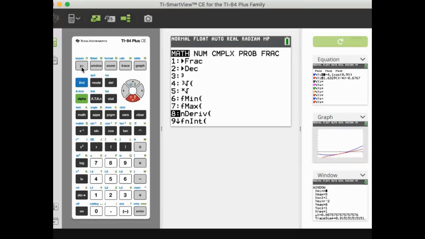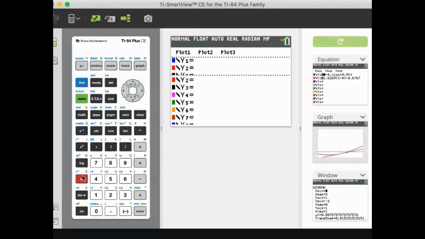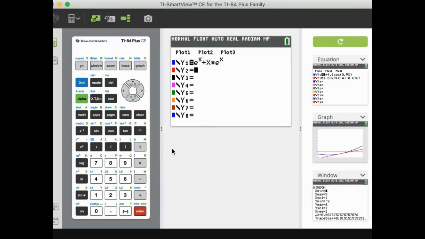Okay. In my y equals, I'm going to put in this function. So let me clear out these other ones because I don't need them. And our function was e to the t plus t e to the t. So we're just going to do e to the x plus x times e to the x. Okay, so that's our function.